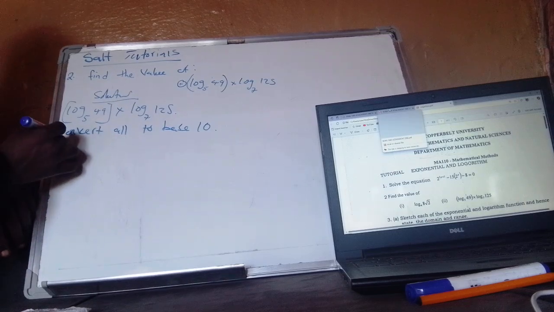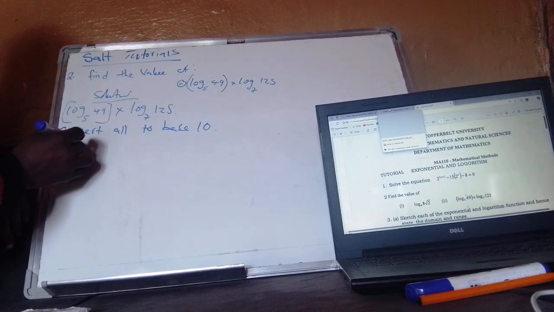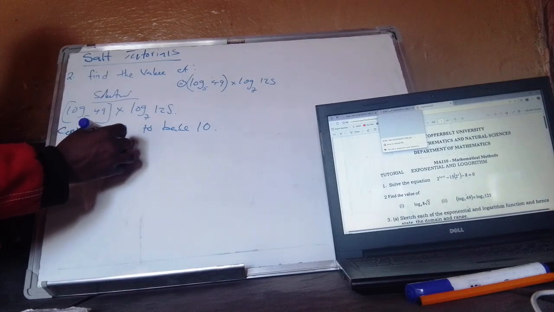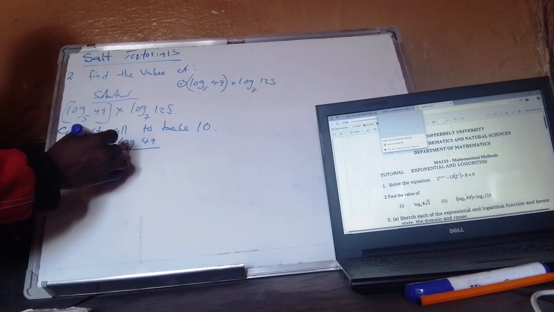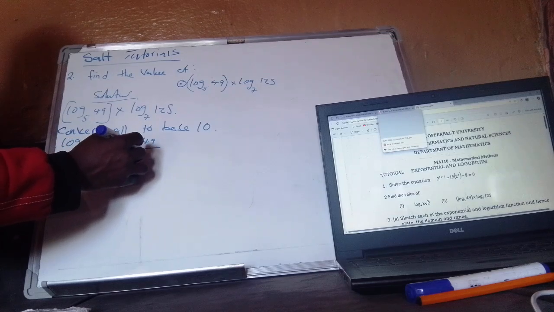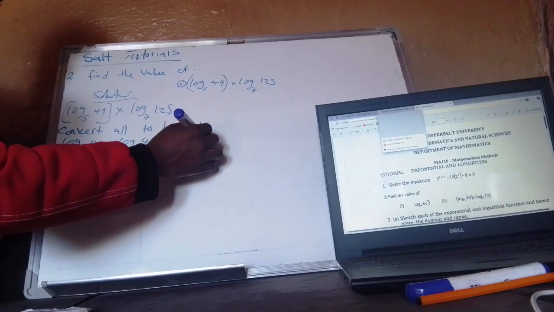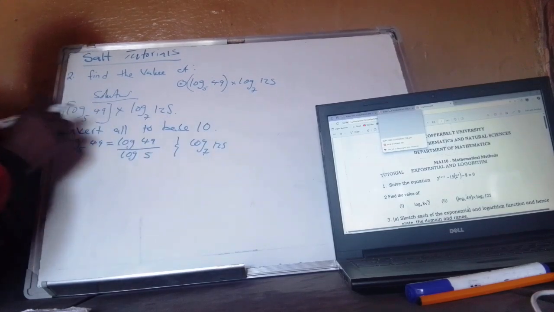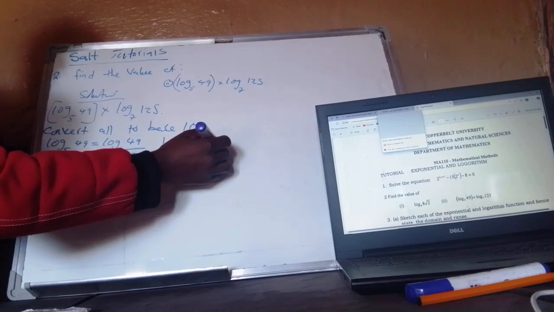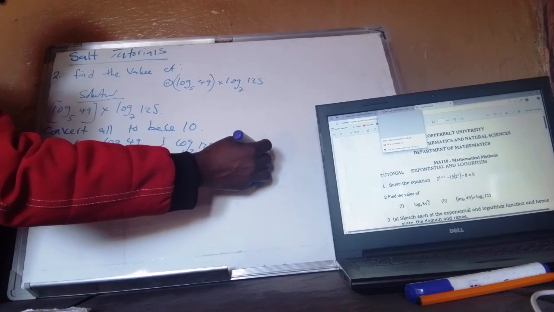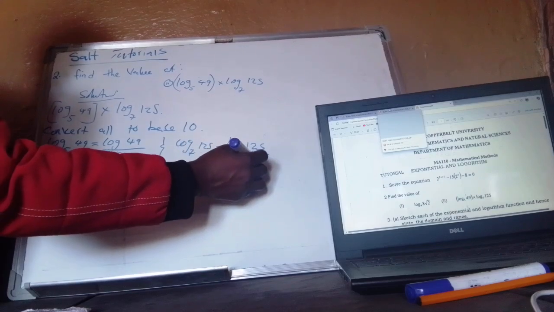So log base 5 of 49 can be written as log base 10 of 49 over log of 5, and log base 7 of 125 can be written as log of 125 over log of 7.